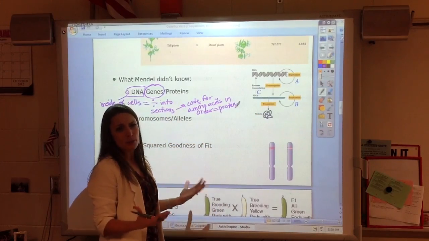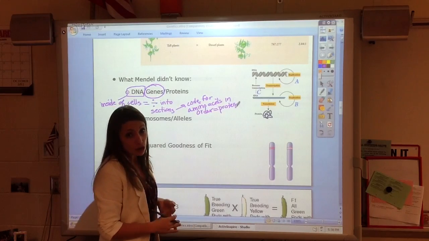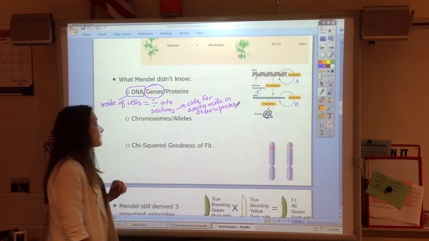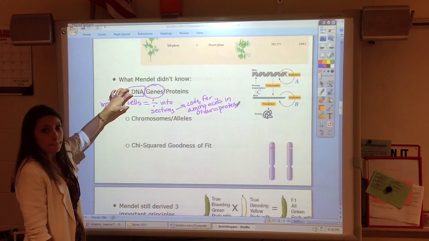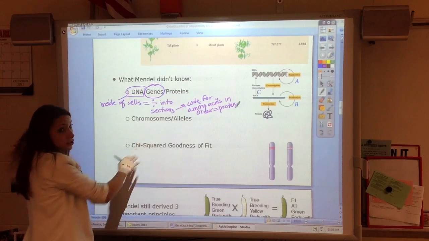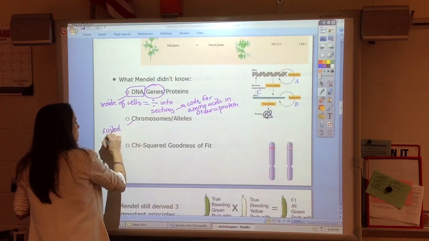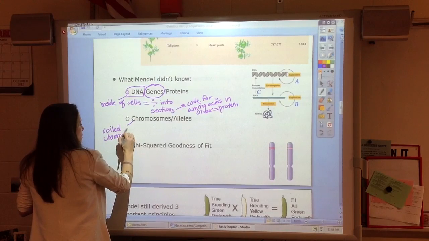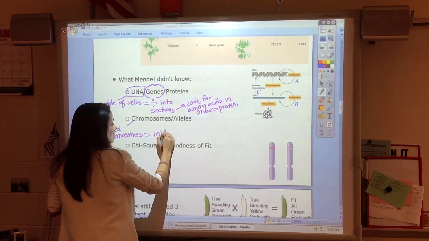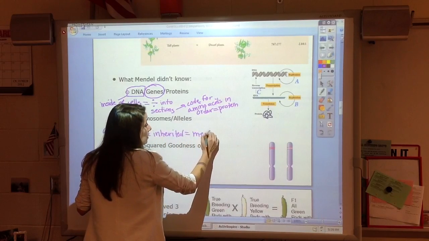Remember all the jobs of proteins? They can be enzymes, they can be pigments, they can be structural parts. All of those different jobs of proteins. So we know that. And we actually know that our DNA is arranged into chromosomes. So coiled chromosomes is what we inherit. How do we inherit it? Via meiosis.